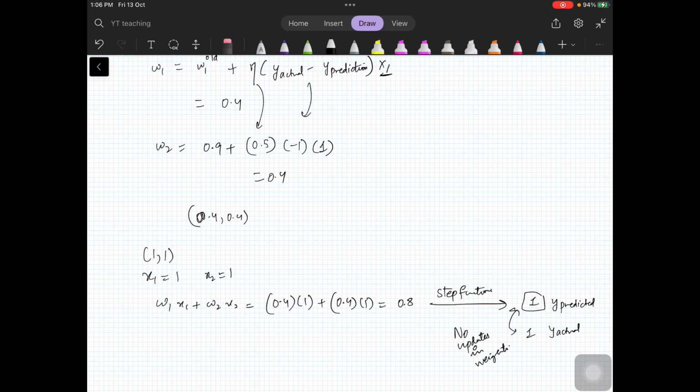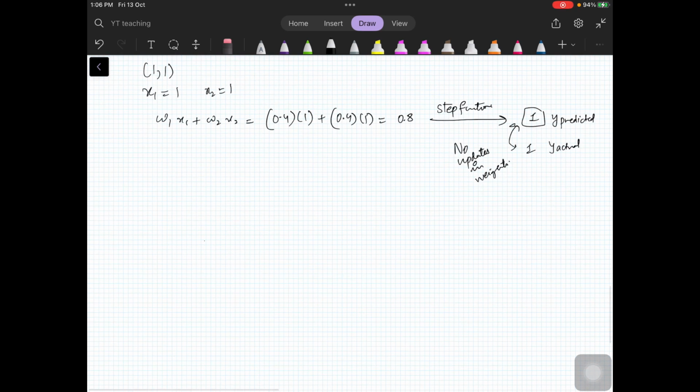This is a very important topic, the training of perceptron. It is a simple thing, you just have to follow this rule: wi updated would be wi old plus the learning rate times y actual minus y predicted, times your xi.